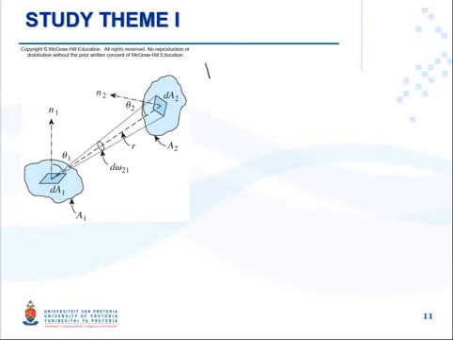We just want to find rate 1, which is the rate at which radiation leaves dA1 and is intercepted by dA2.